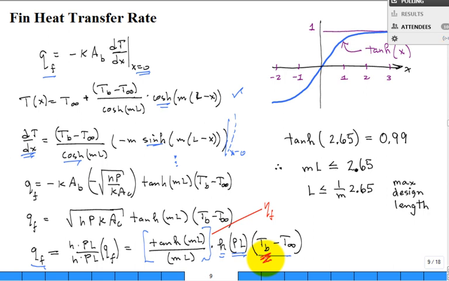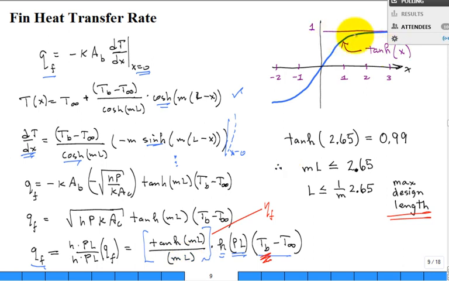Somebody says we can use this in our guidance of how long a fin should be, because you can make a short, stubby fin that's not only physically short and stubby, but thermally short and stubby. Or you can make a physically long, slender fin, not only physically long and slender, but thermally long and slender. And here will come the criteria for the length that you definitely don't want to go beyond, because this hyperbolic tangent ml over ml kind of maxes out.